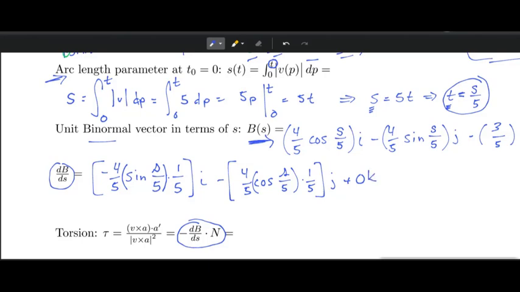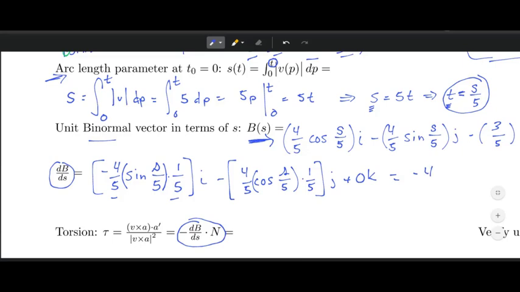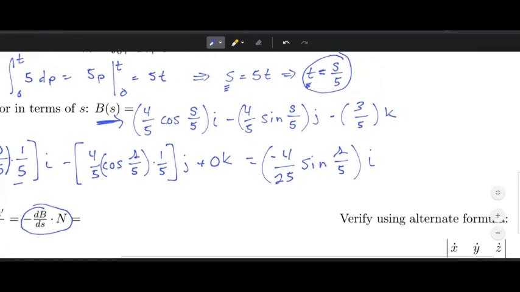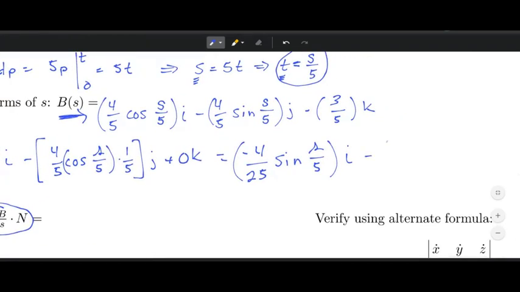So if we make this look just a tiny bit better, negative 4/25 sine of s over 5, and that's our I component. Okay, squeeze that in there. And then minus 4/25 cosine of s over 5, and that is our J component.